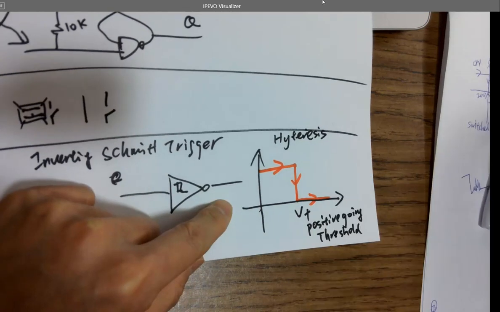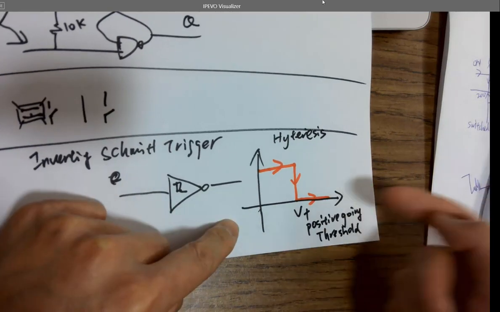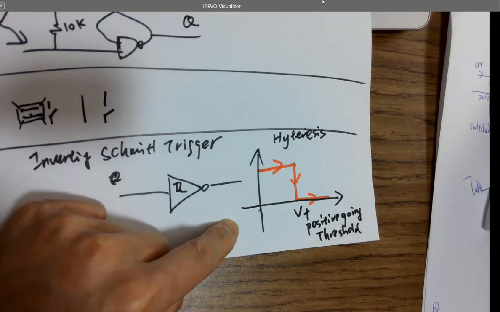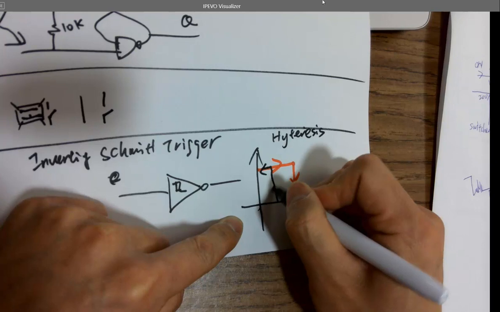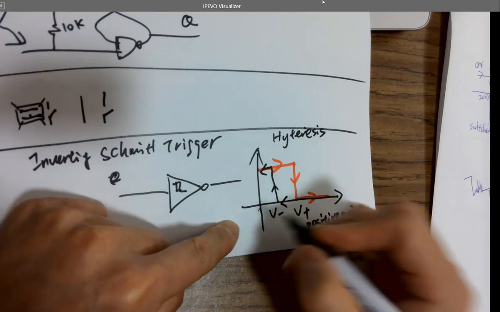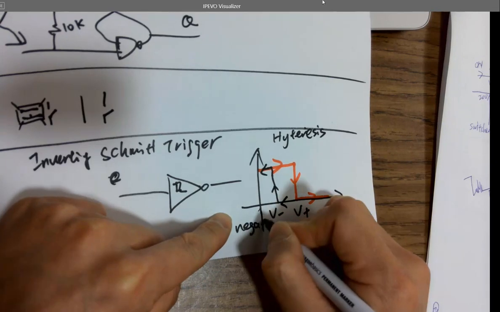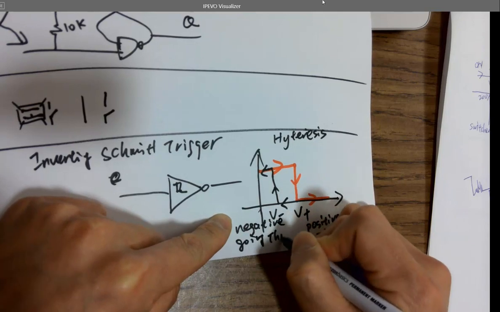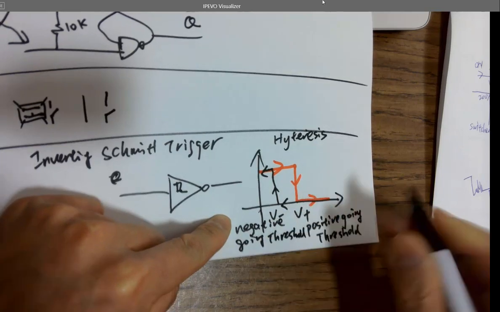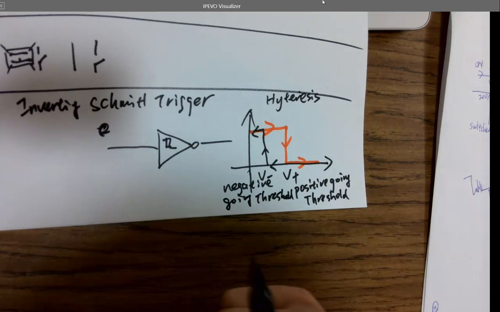And when the input voltage goes back down, it triggers at a different threshold voltage from the hysteresis. So that's V minus. That's a negative going threshold. I have two different threshold voltages.